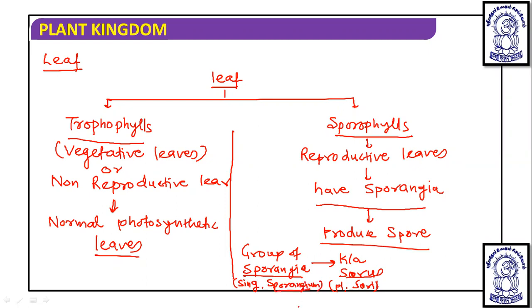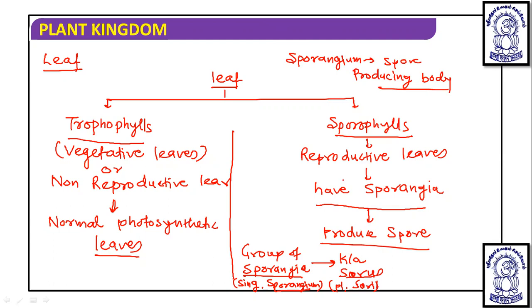And sporangium is nothing but a spore producing body. So these two types of leaves can be seen in the plants of pteridophytes.